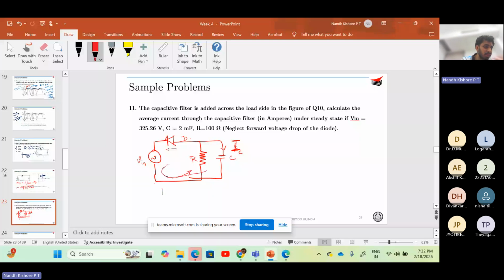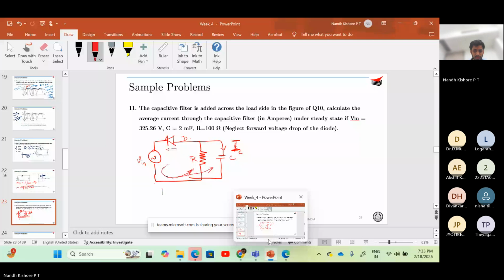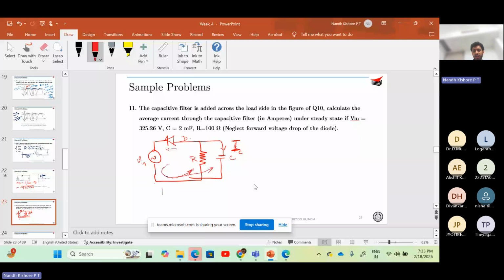So what is the average capacitor current? That is the question. Under steady state, not under transient state. Under steady state, what will be the capacitor current? In steady state, it would be open circuited. Correct. So what will be the capacitor current? It will be 0, right? Correct answer.